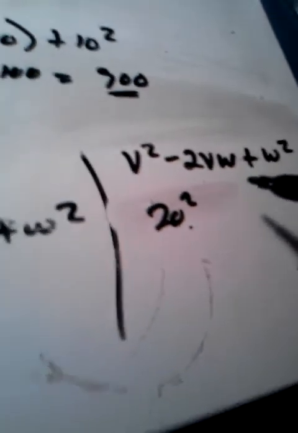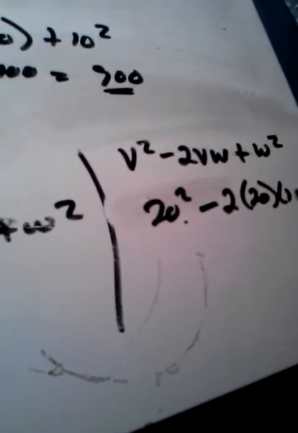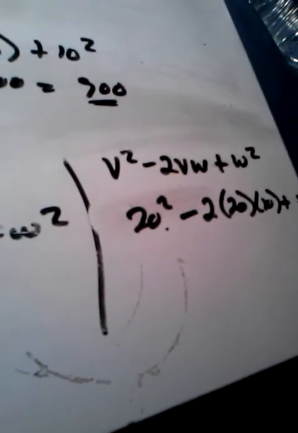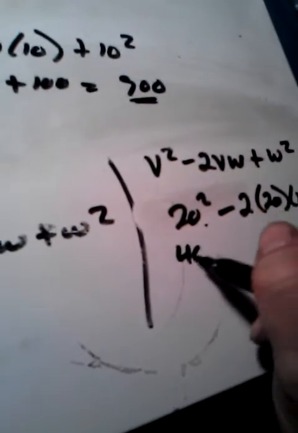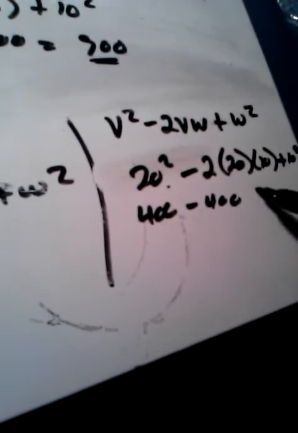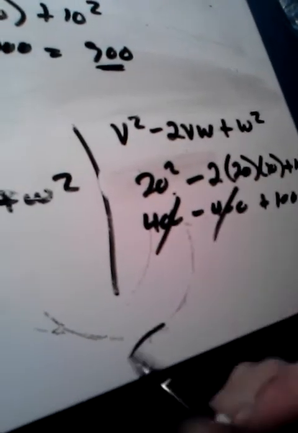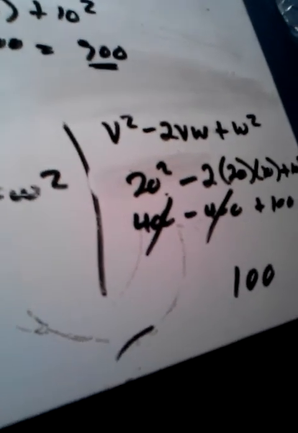We're going to square that, minus 2 times 20 times 10, and then plus 10 squared. So 20 squared, 400. 2 times 20 times 10, 400. Plus 10 squared, 100. So the 400s cancel out, and we have a magnitude with a tailwind of only 100.